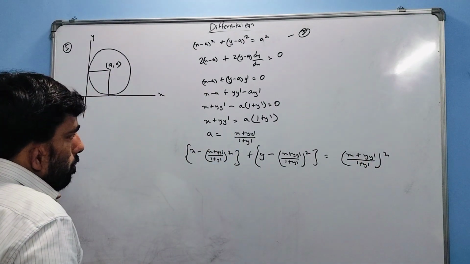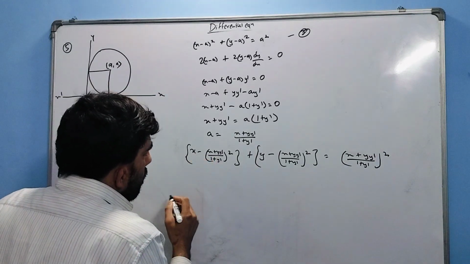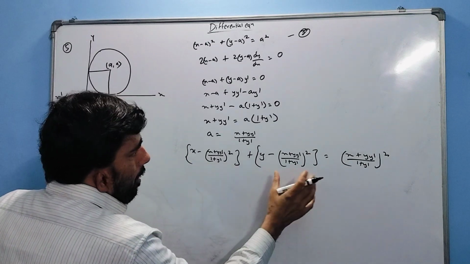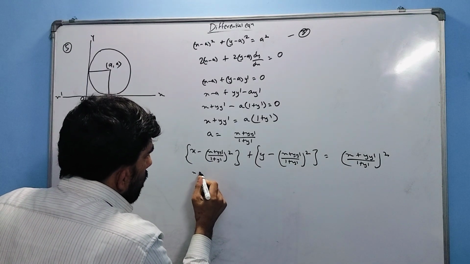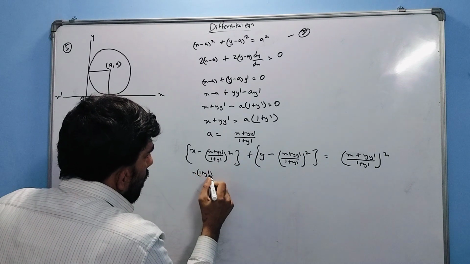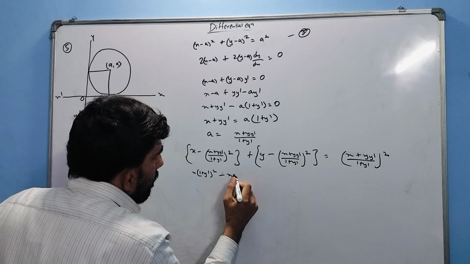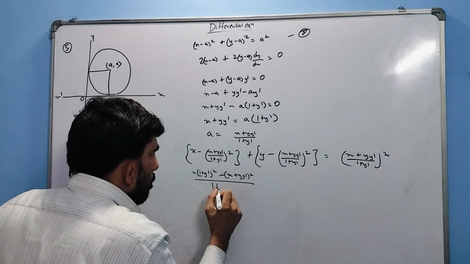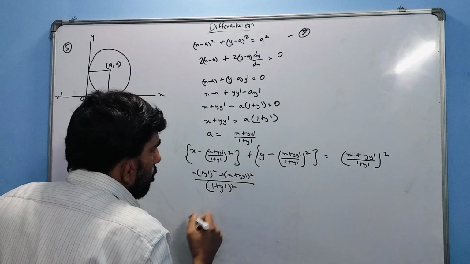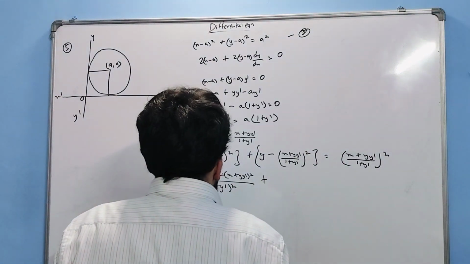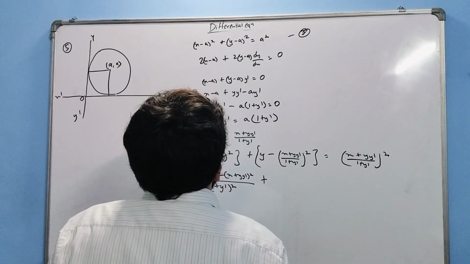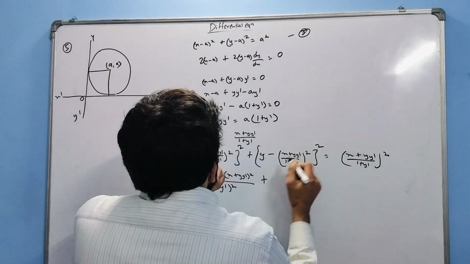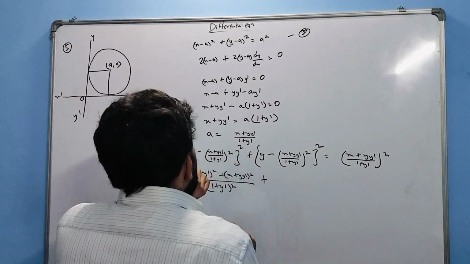Now if I try to solve this by taking the LCM, we have x into 1 plus y dash minus x plus y dash whole square, plus y minus a whole square.